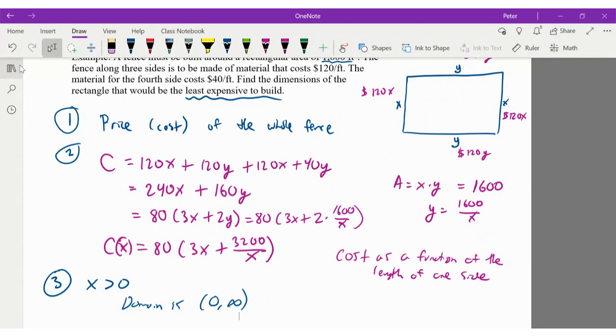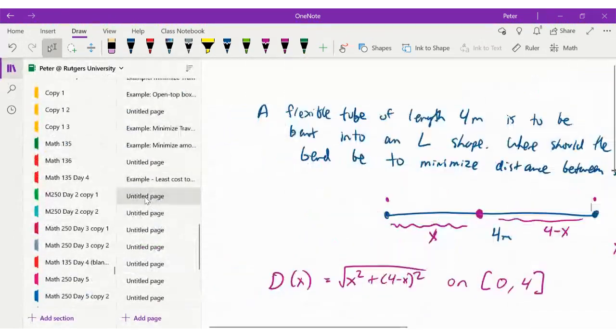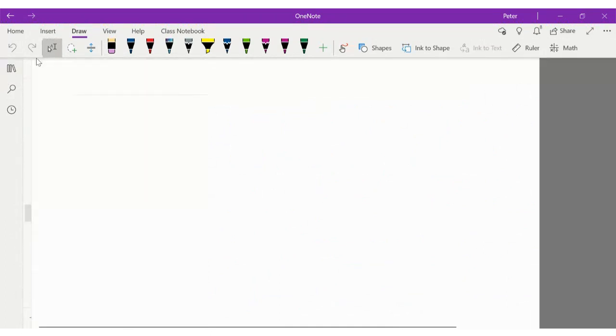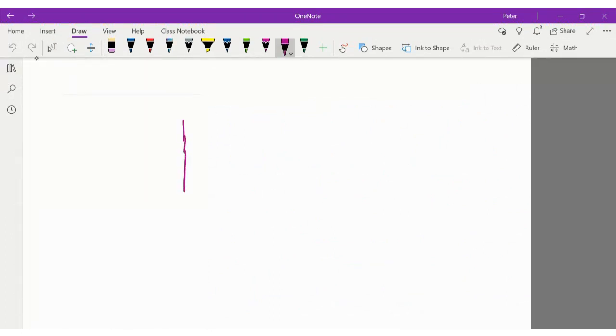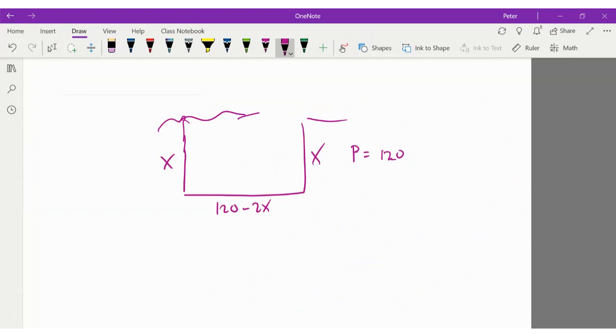Recall that in the farmer problem, what I was told is that the perimeter has to equal 120 because that's all the fence that I have. So I was able to set that up as, this is x, and this is 120 minus 2x. So there was a physical limitation as to what I could set x to.